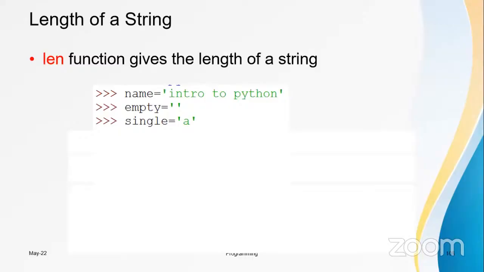What is the length here? INTRO, space, TO, again space, then Python: 10 plus 5. 5 plus 2 is 7, 7 plus 2 is 9, 10, then Python.